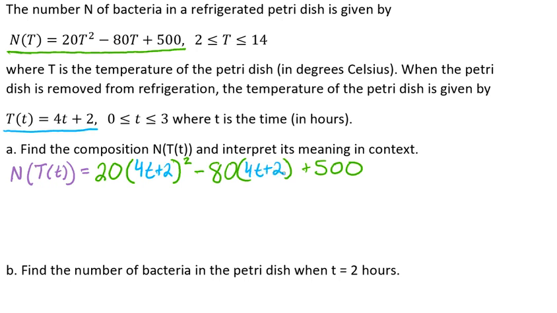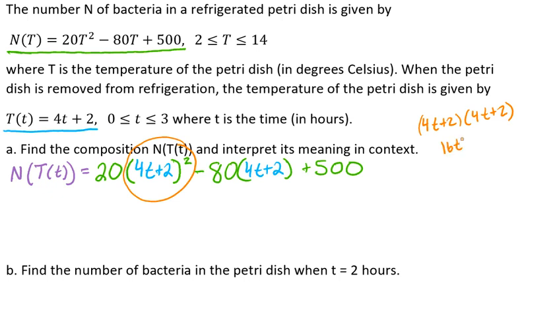I'm going to plug that in. Now notice that our T is squared, which means that we're going to need to distribute that, which you might know as foiling.